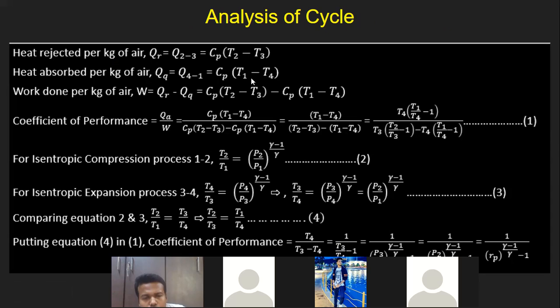Here I am taking final minus initial, but there I have taken initial minus final because it's a cooling. Here I have taken final minus initial because it's a heating. Here I mentioned heat rejected and heat absorbed. Is there any problem with this one? Let me know.